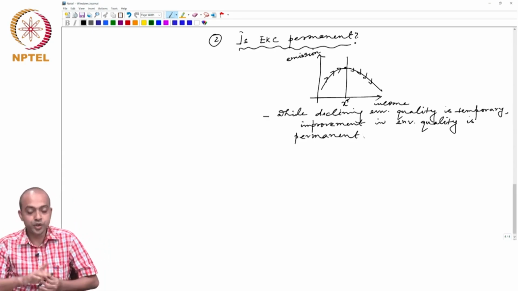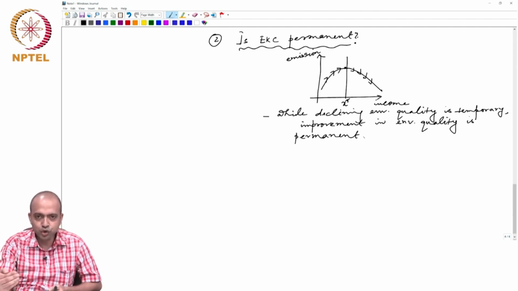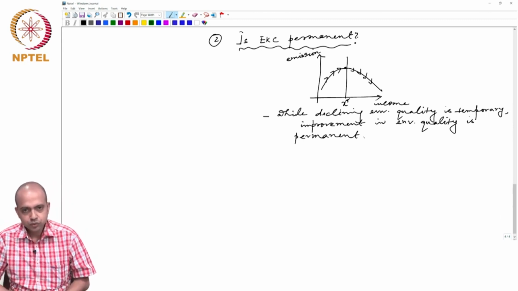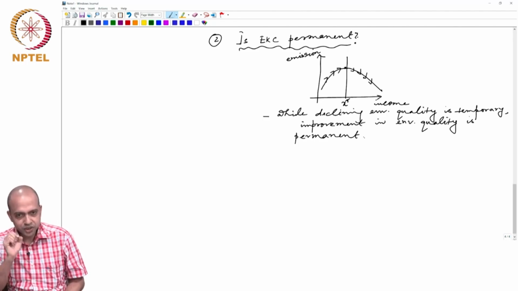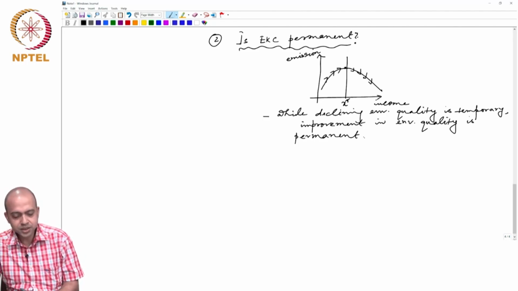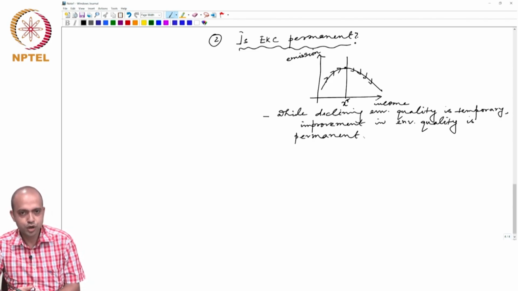That is what we assume. Once it starts declining, that means the downward sloping portion of the EKC is permanent. And why are we assuming this? Because we implicitly assume that once the economy achieves a certain per capita level of income, certain changes take place in the production process.